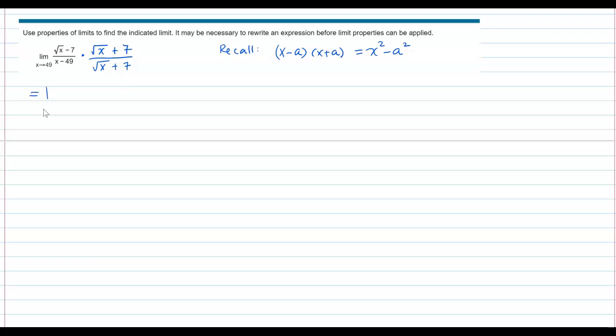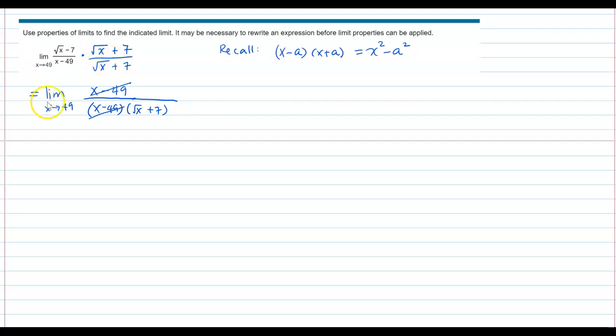So here we have, you just copy limit first, and then you multiply the numerator. This times this, using the formula here, will just be equal to x, because the square of the square root of x is just x, minus 49. 7 times 7 is 49. Divided by x minus 49 times square root of x plus 7. Now, x minus 49 will cancel.